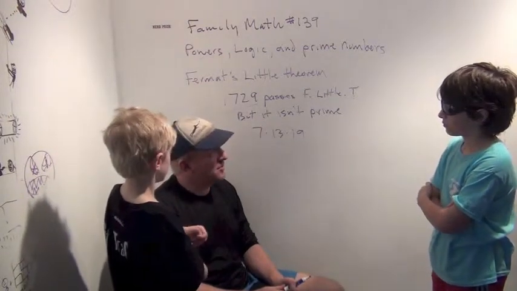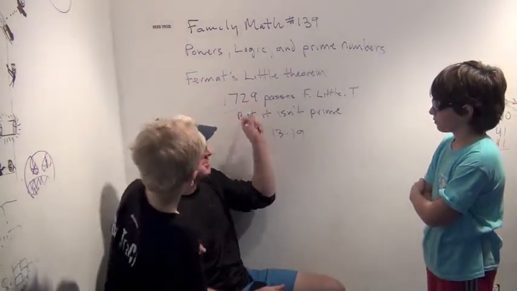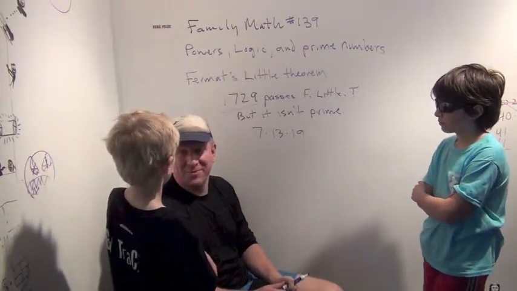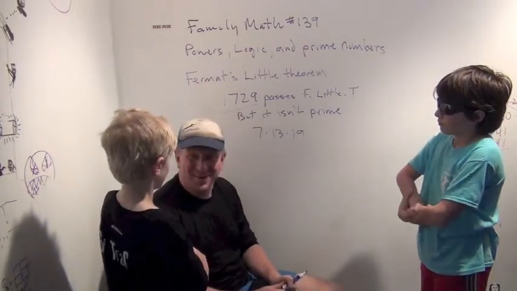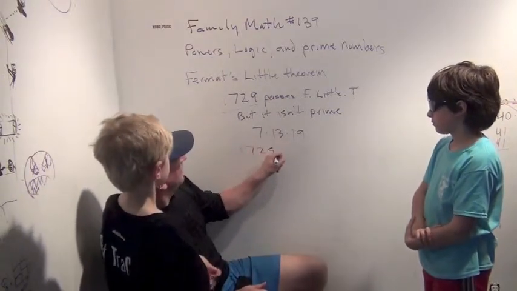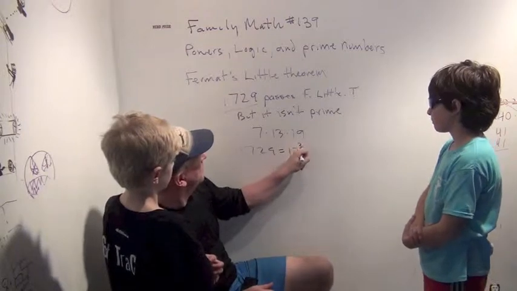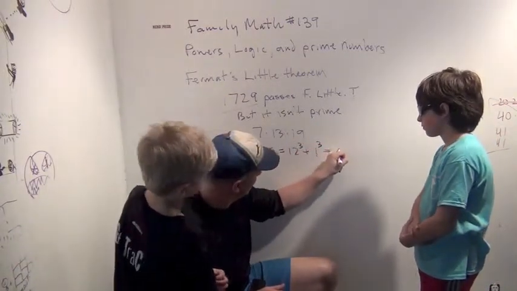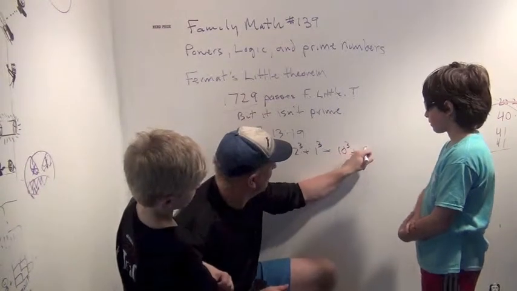It's the first positive integer that can be written as a sum of two cubes in two different ways." It turns out that this is 12 cubed plus 1 cubed, and it's also 10 cubed plus 9 cubed.